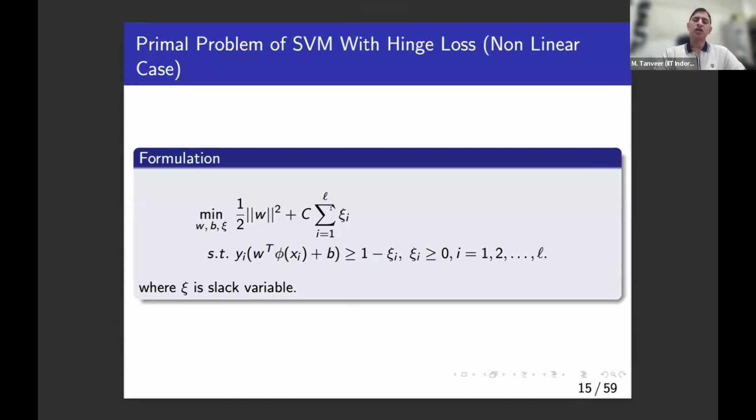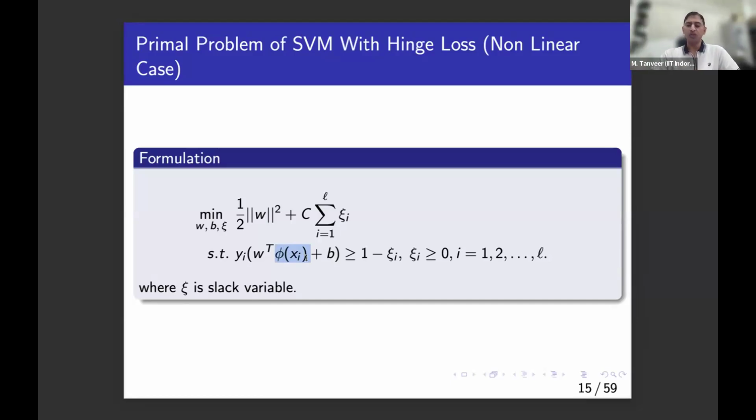So let me start with the formulation of a nonlinear SVM. If we remember the linear SVM formulation, the only difference is that in place of xi, we are replacing it with phi of xi. As I already mentioned, phi is simply a nonlinear map or function that transforms the input data into some high dimensional space.